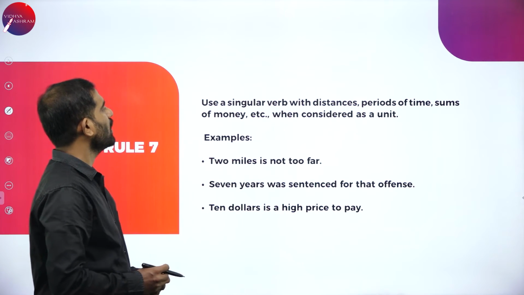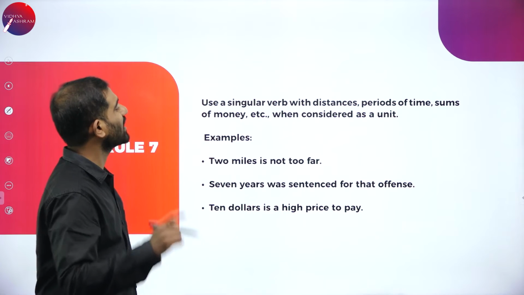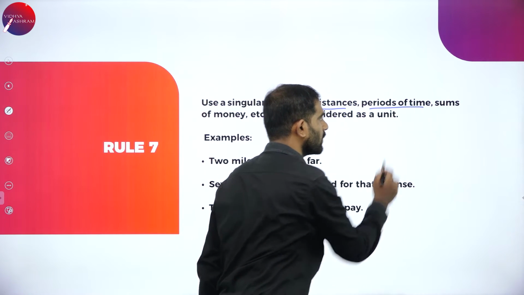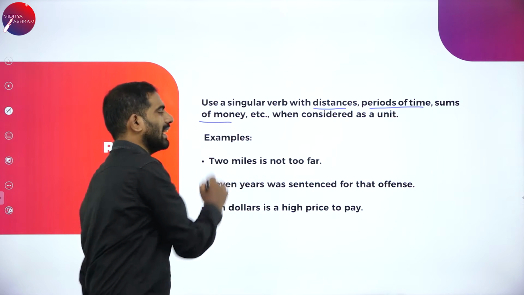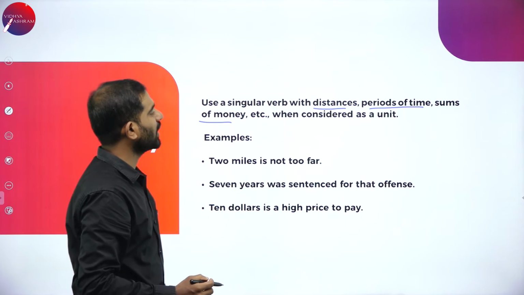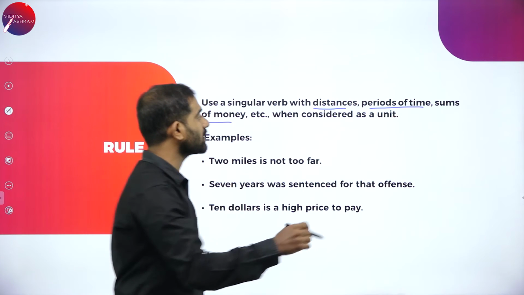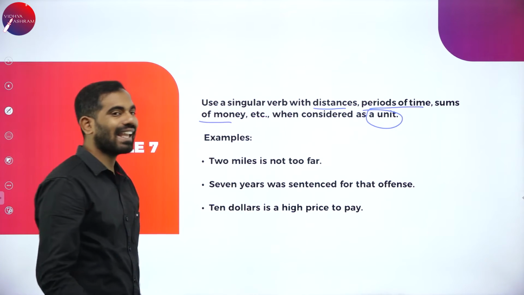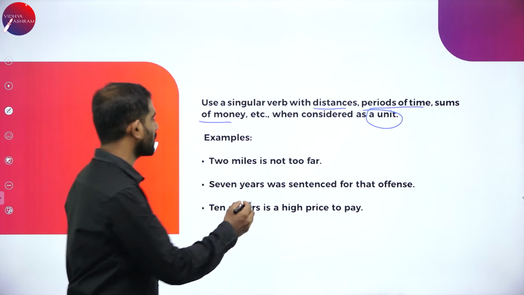Rule number 7: use a singular verb with distances, periods of time, sums of money, etc., when considered as a unit. Remember this, as a unit. Examples: "2 miles is not too far."